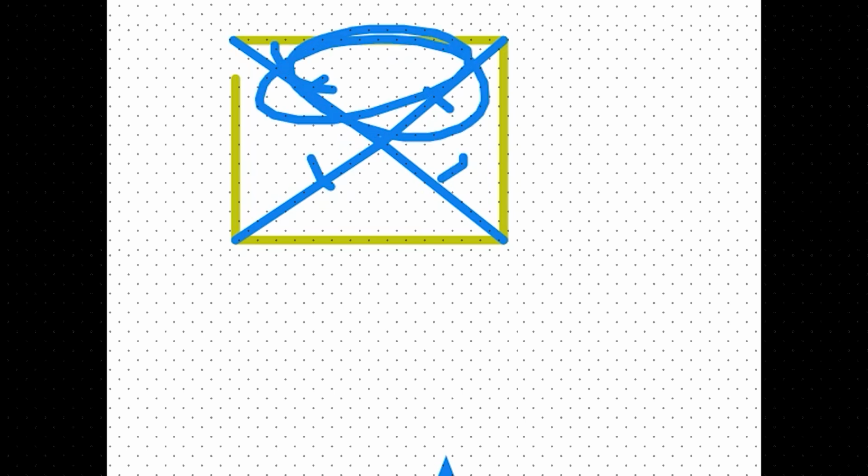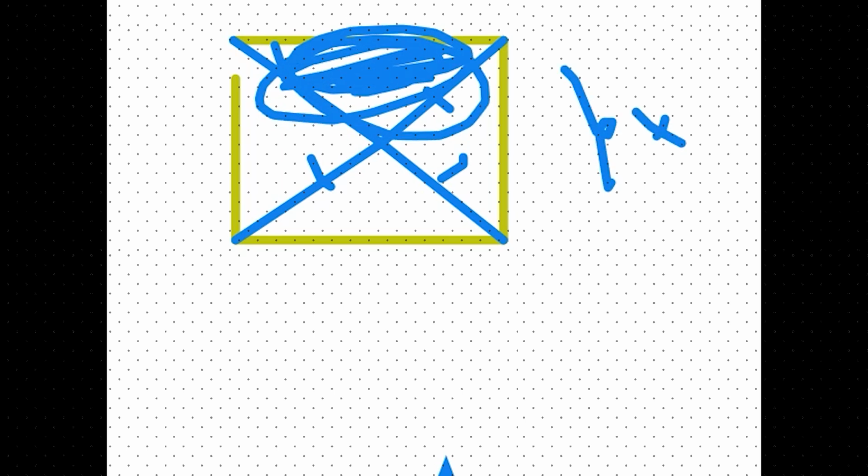So if you join the vertices like this, 1, 2, 3, 4. How many triangles are there? 4. These are all isosceles triangles, okay? So if you find area of one isosceles triangle multiplied by number of sides, the answer is that.